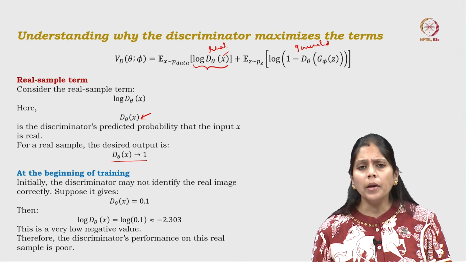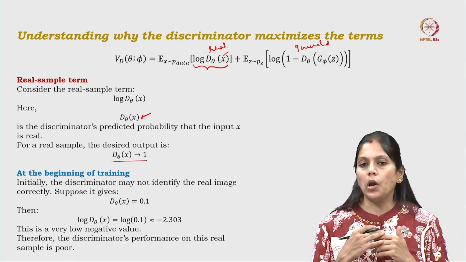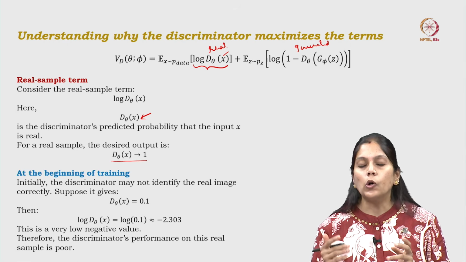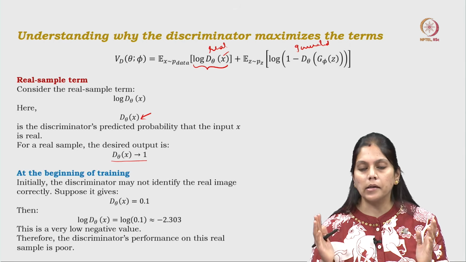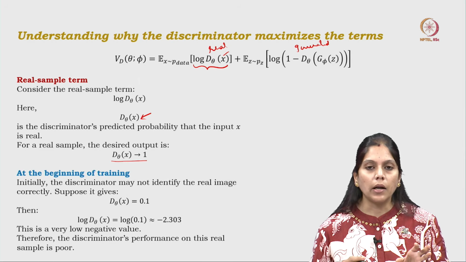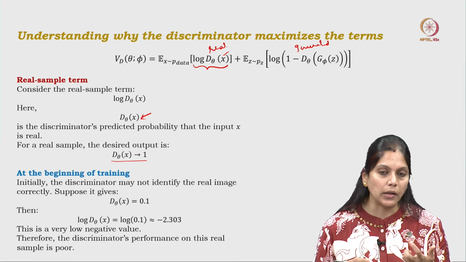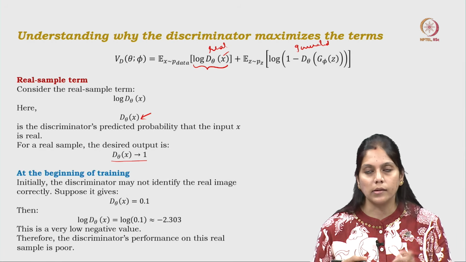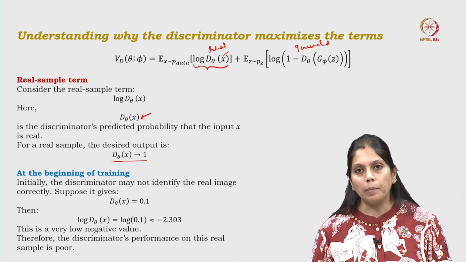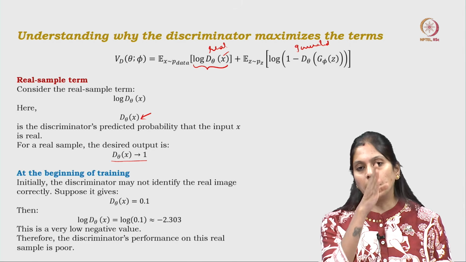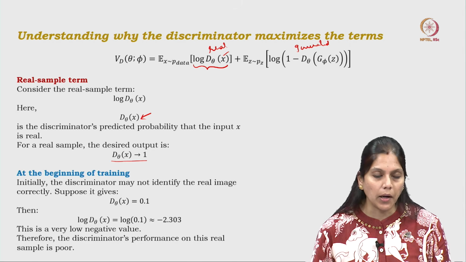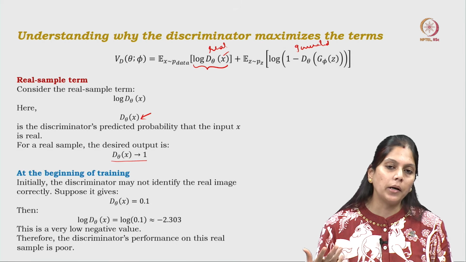Now, at the beginning you have still not started any training. So, initially you have randomly assigned some values. The theta parameters, weights and bias, are all randomly assigned. Now a real image is being passed to a discriminator. What will be the predicted probability?